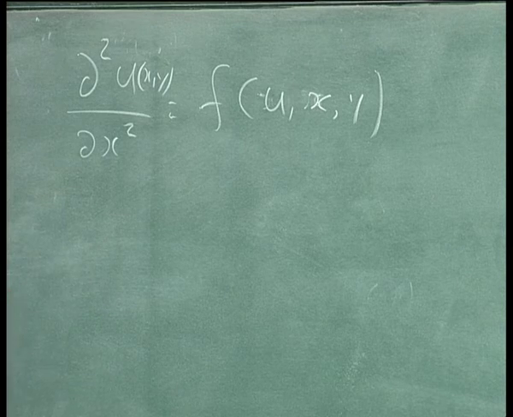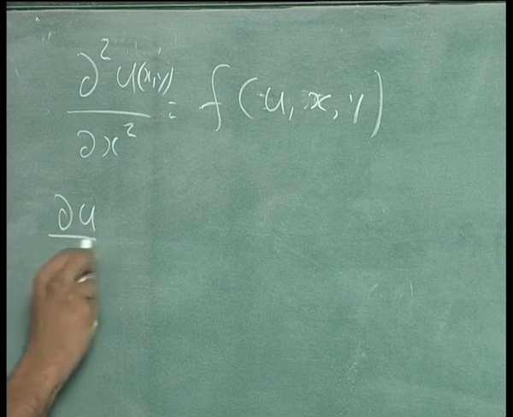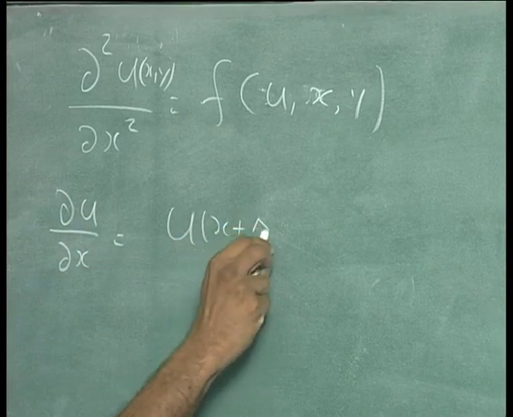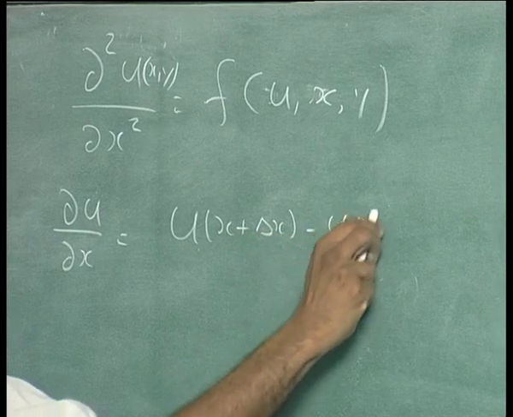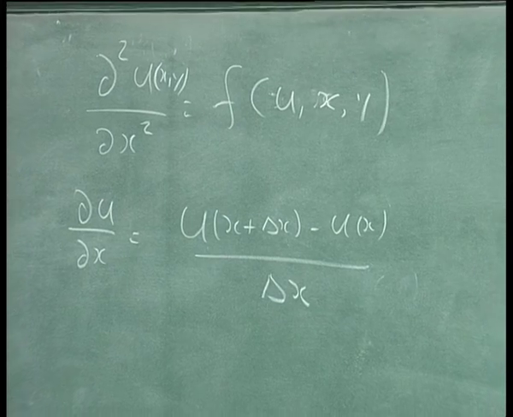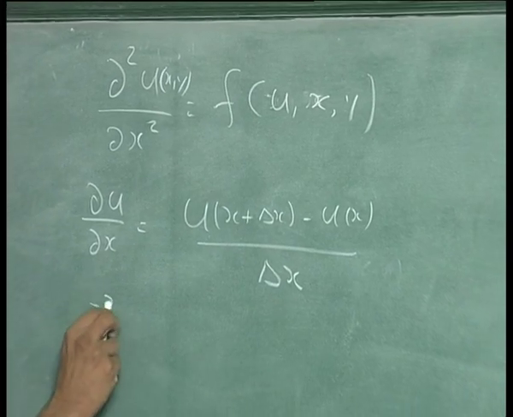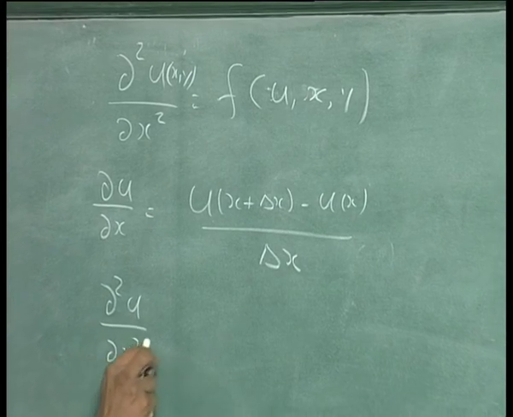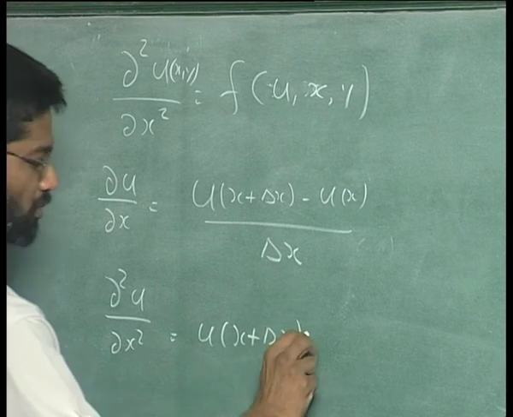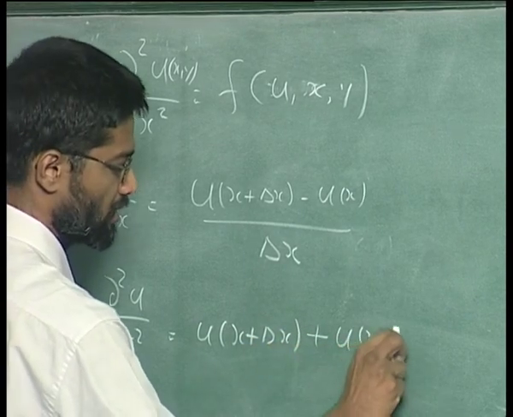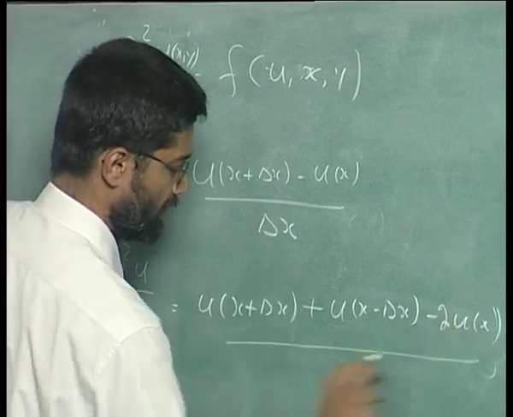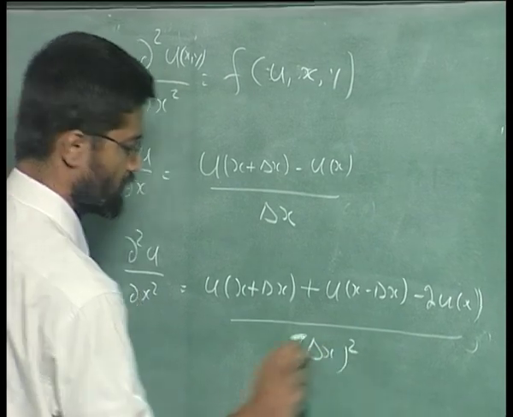That is, we would write del u by del x, for example, as u at x plus delta x minus u at x, divided by delta x. That will be a simple forward differencing scheme. Similarly, we could write del squared u by del x squared as u at x plus delta x plus u at x minus delta x minus 2 u of x, divided by delta x squared. And similarly for y.